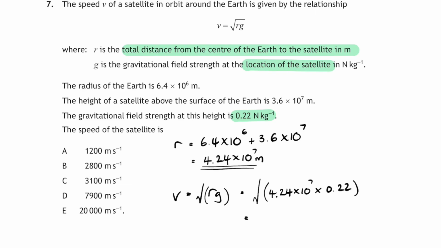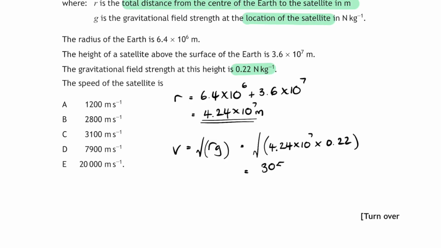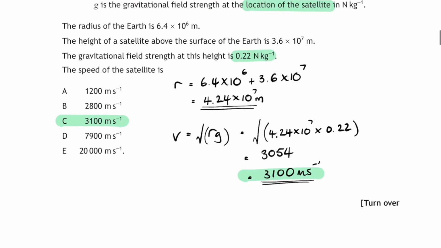And then if you do that correctly on your calculator, it gives you 3,054, which rounds up to 3,100 meters per second, and that corresponds to answer C. That's question 7C. Very tricky.